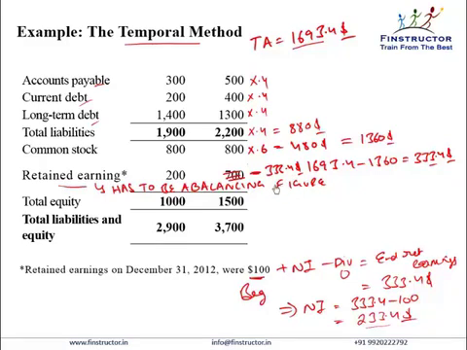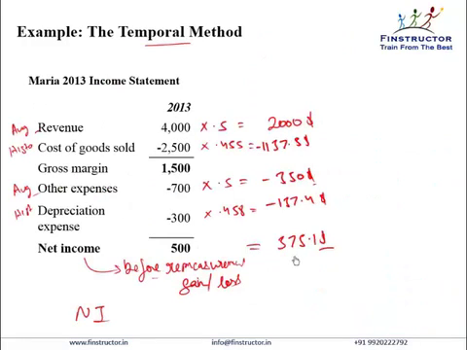So let's see what the net income currently is. It is a number of $375.1. We need to subtract a remeasurement loss so as to make the net income equal to $233.4.